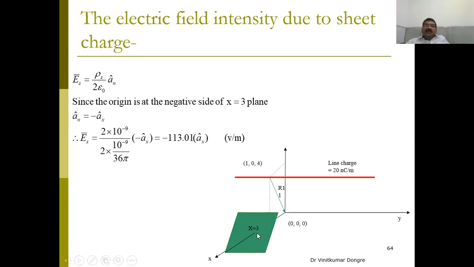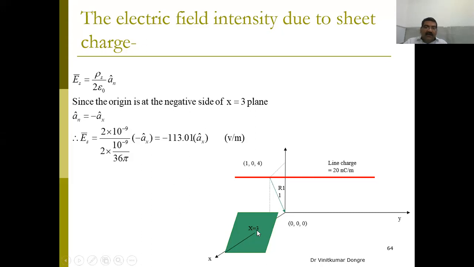The vector is from 3 to 0, so it will be 0 minus 3. So the vector will be minus 3 a_x, because 0 minus 3 is minus 3, and the magnitude is 3. Since we require the unit vector, the unit vector will be minus a_x. I'll repeat: a_n equals minus a_x.